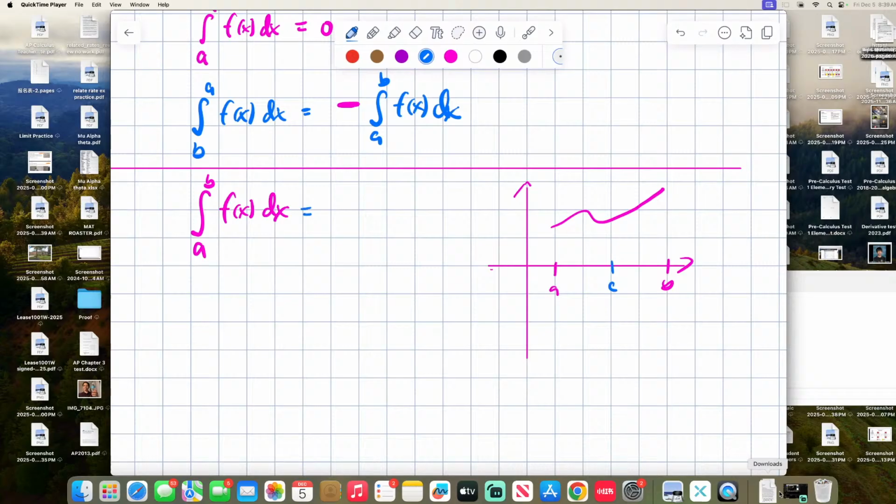What is the integral from a to b, including the c? Can I just say there's this area plus this area? Can I say the integral from a to c of f of x plus the integral from c to b of f of x dx? Can I split it into two partitions and just add them together? Absolutely. This is a wonderful property that you're supposed to know.